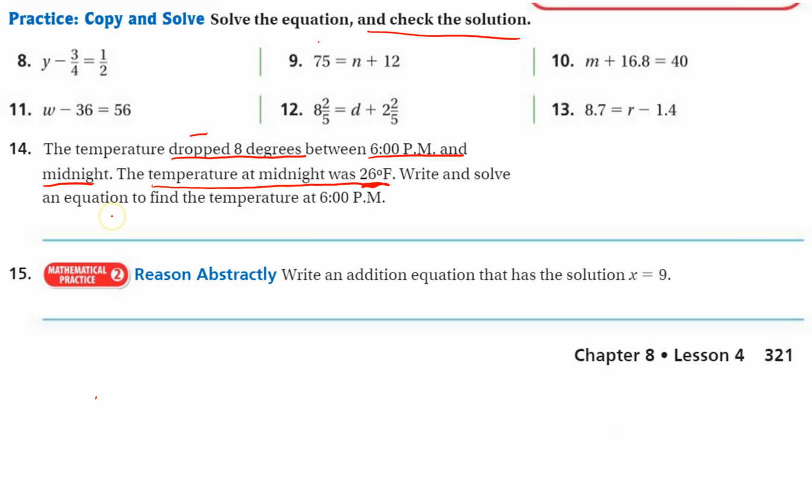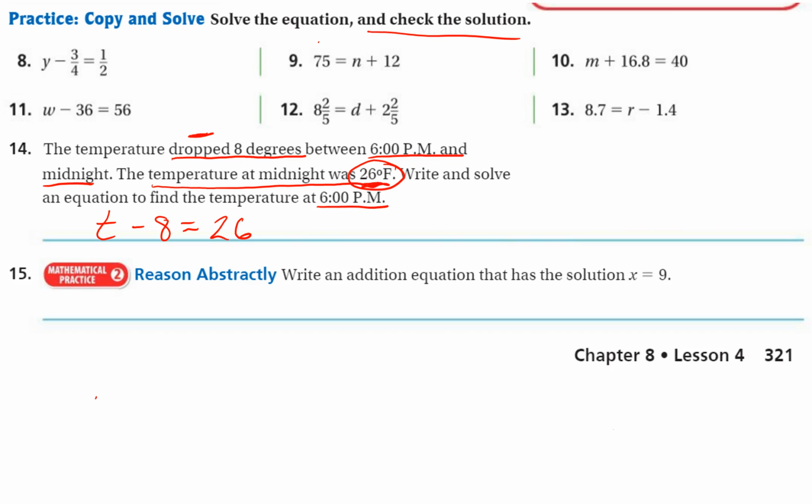Write and solve an equation to find the temperature at 6 p.m. All right, so we want to take the temperature that it was at 6, which we don't know, take away, dropped 8 degrees, and that should equal our temperature that it was at midnight, 26 degrees.